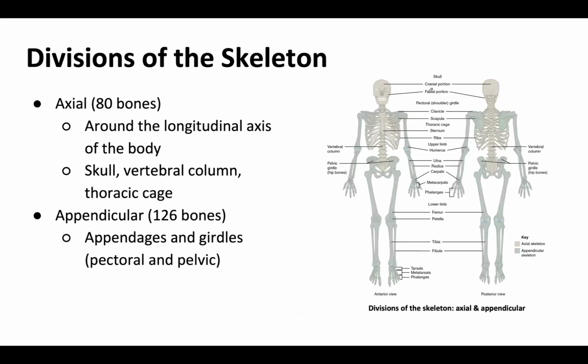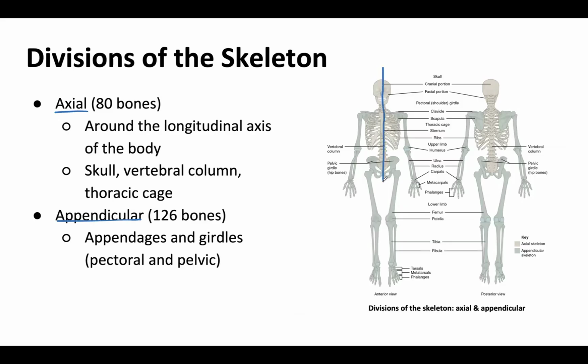Okay, so the skeleton is subdivided into the axial and the appendicular skeletons. The axial skeleton forms the central supporting axis of the body. So that's going to be associated with the longitudinal axis of the body, where we have an imaginary line that runs through the body's center of gravity.